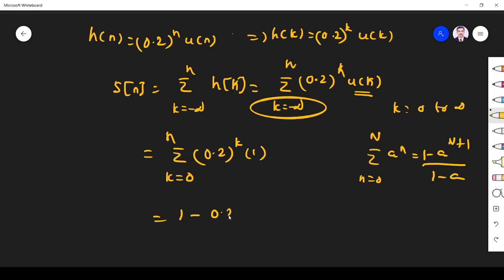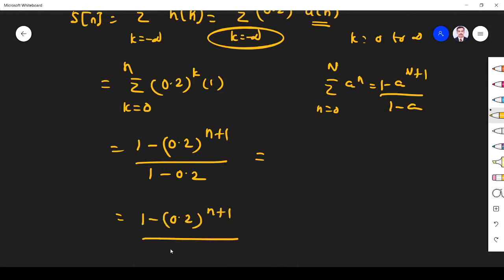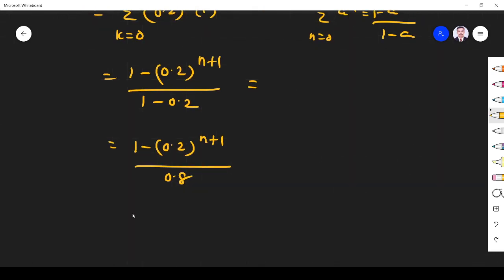So it is 1 minus 0.2 power n plus 1, divided by 1 minus 0.2. 1 minus 0.2 is 0.8. So this we can write as 1.25 into 1 minus 0.2 power n plus 1. This is our step response.